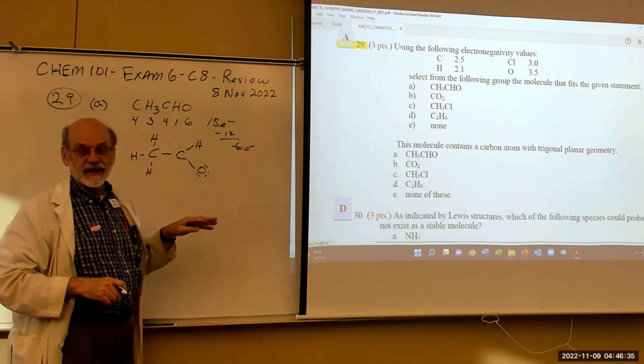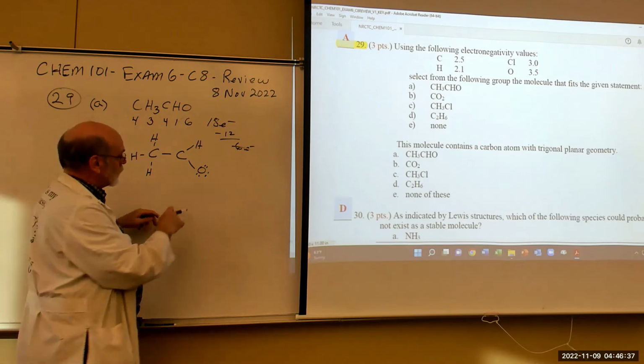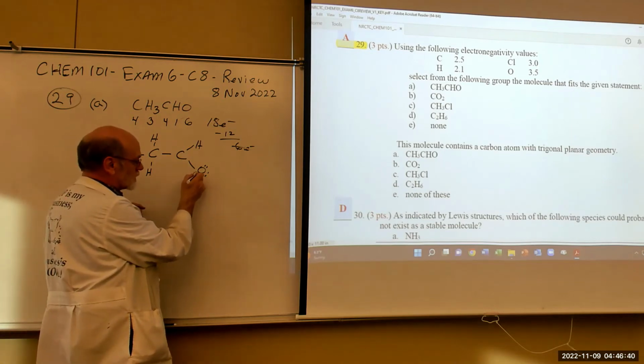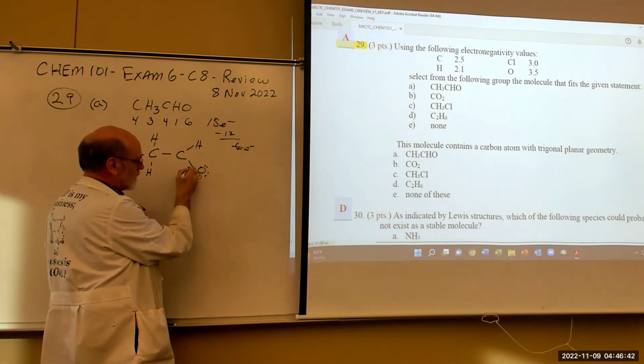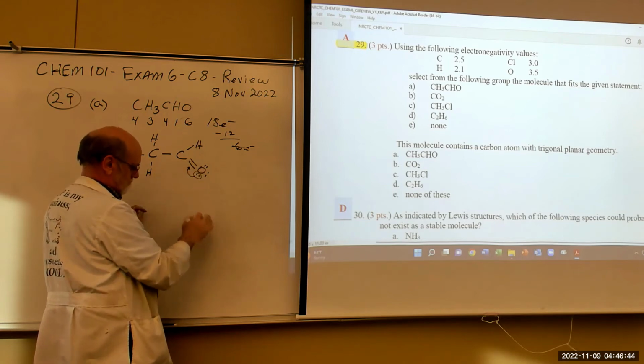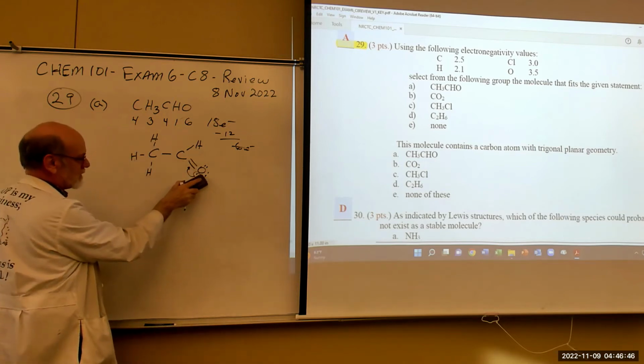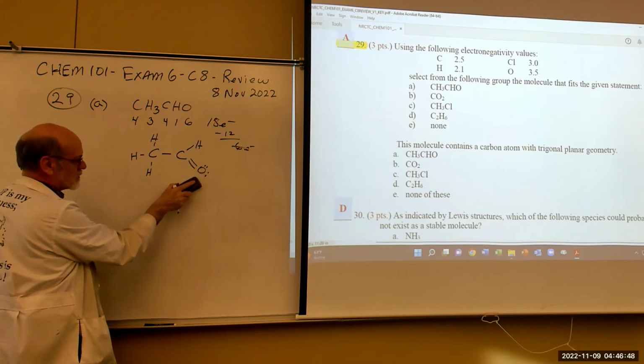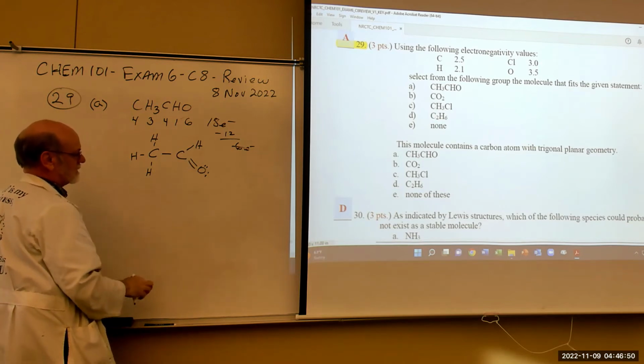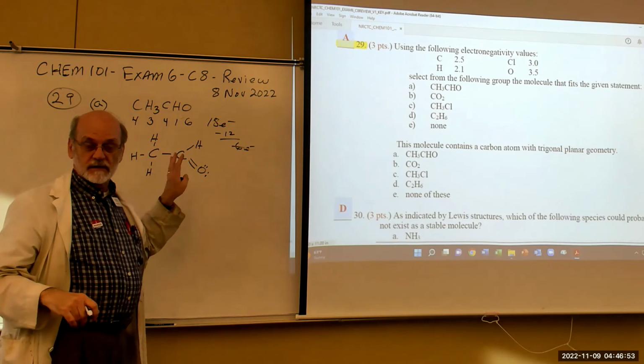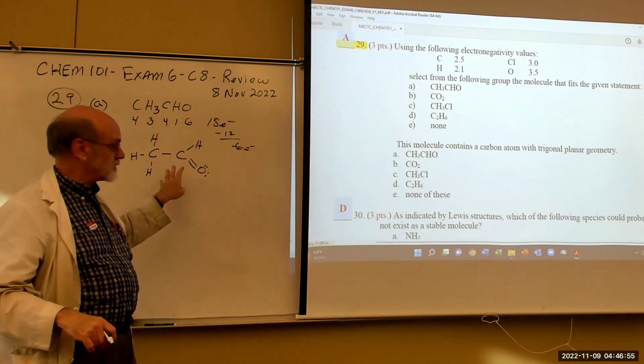It needs an octet. So the best way to do that is to take one of these pairs and make a double bond right there. Okay? So that means that pair is used. And now we have the Lewis dot structure for this molecule.